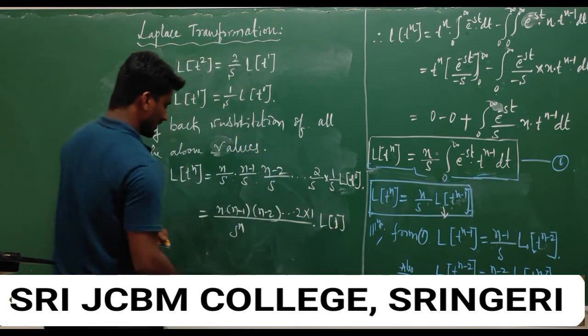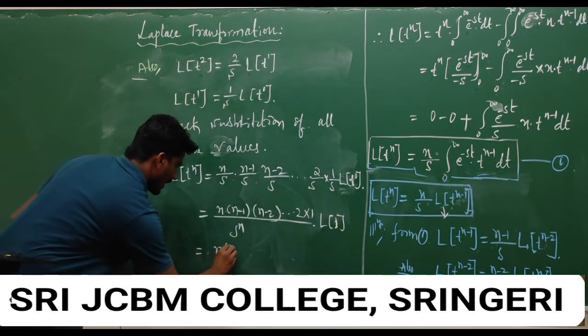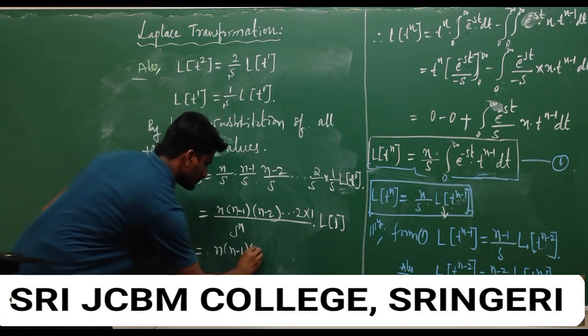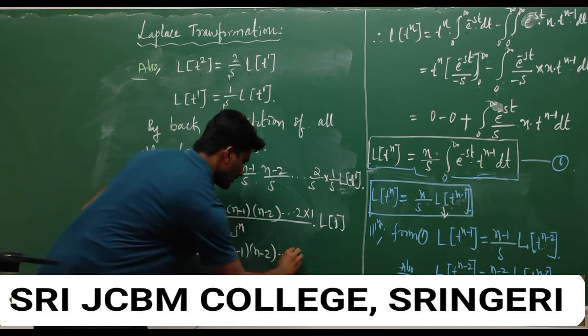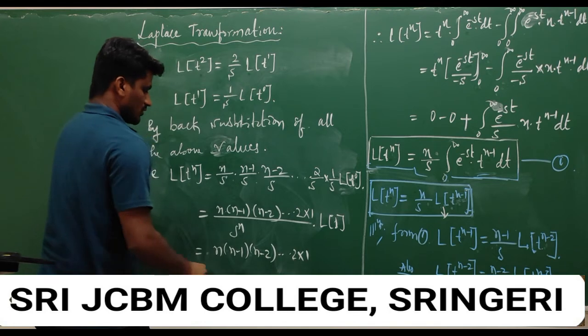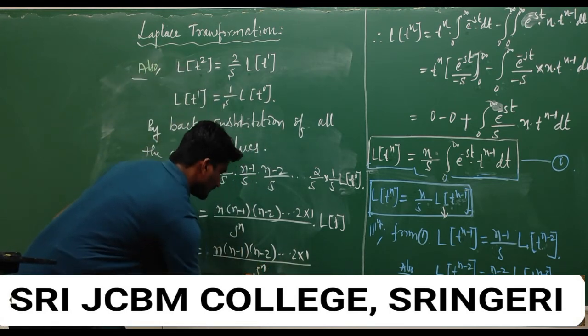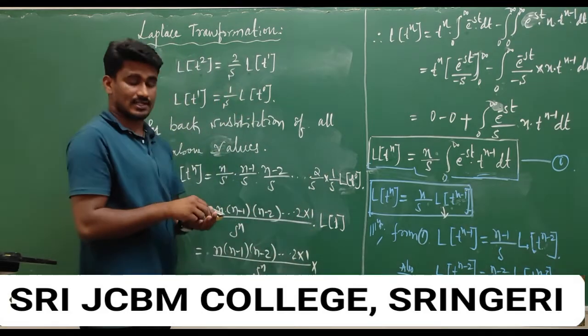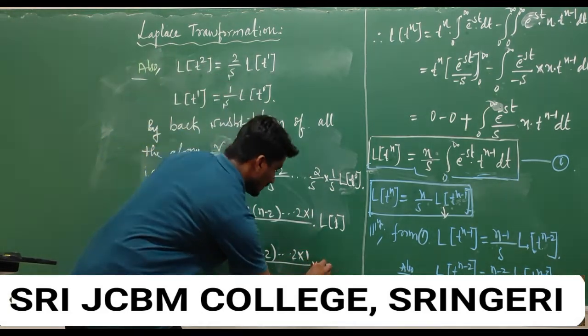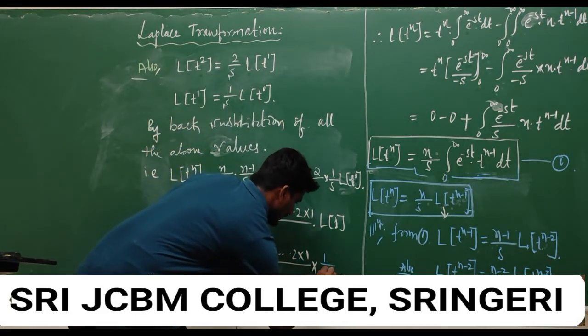It is n minus 1, n minus 2, and so on, over s to the power n, and the Laplace transform of a constant value is 1 over s.